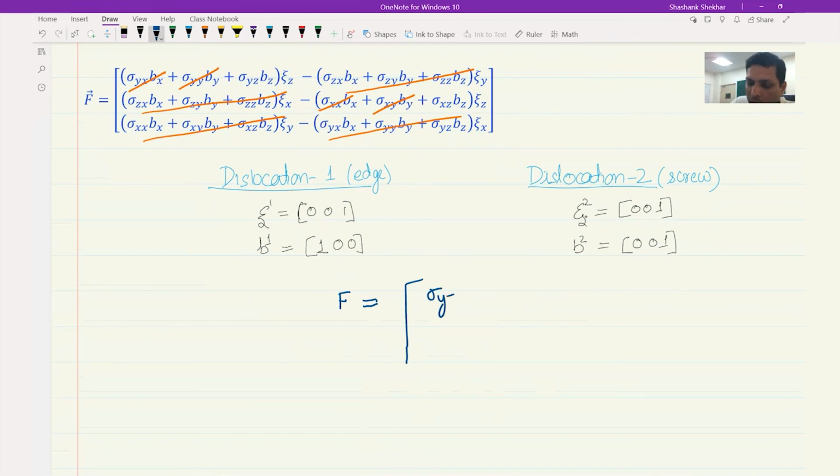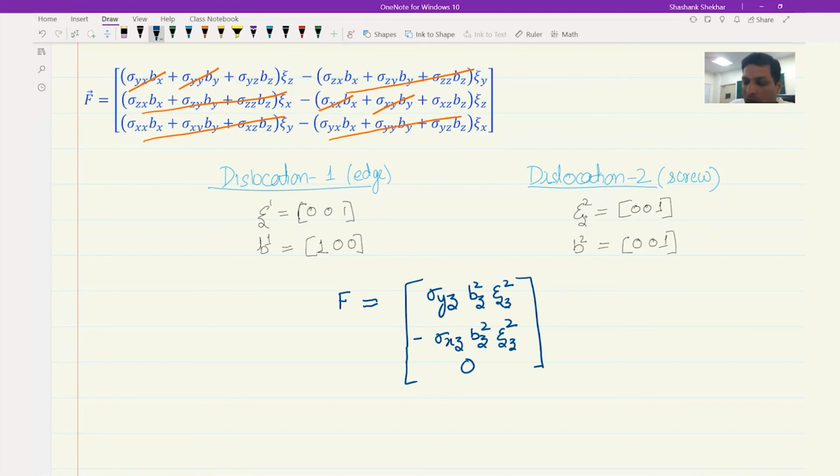Sigma Yz Bz, where Bz is for the 2, Ez for the 2, and then we have sigma Xz Bz2 Ez2, and the third quantity is 0. Okay, so it looks like it is all same as the previous one and nothing is new.